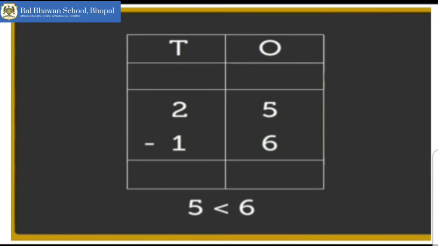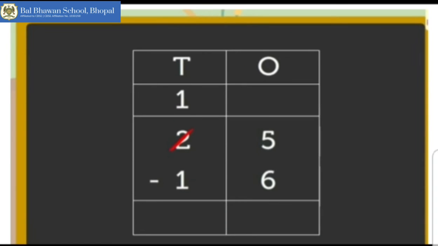Okay, so here you can see the first step of subtraction: first you have to see the digits at the ones place, and you have to see whether the digit which is written on the top is less than the digit which is written under it, that is, here 5 is less than 6 or greater than 6. And if 5 is less than 6, in that case, we have already learned how to do two-digit subtraction with regrouping, that is, with borrowing.